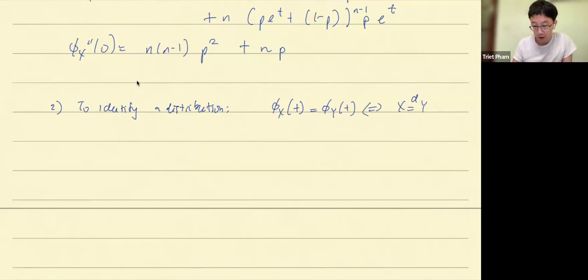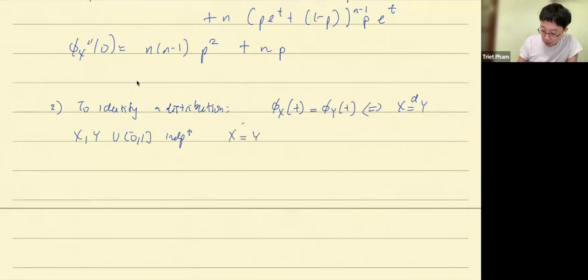And let's clarify this to begin with. The superscript D here means having the same distribution. It doesn't mean they're equal. Here's an example that's very easy. If you look at X and Y uniform 0, 1, let's say they're independent, then X and Y are the same in terms of distribution.